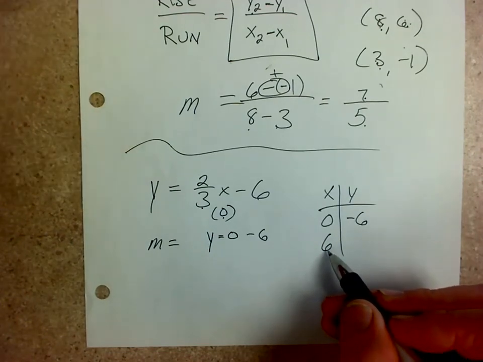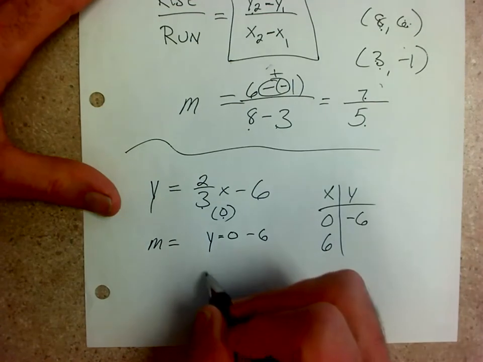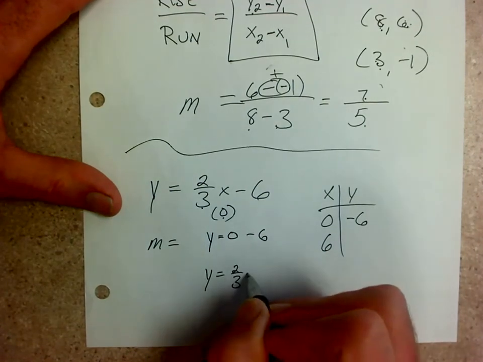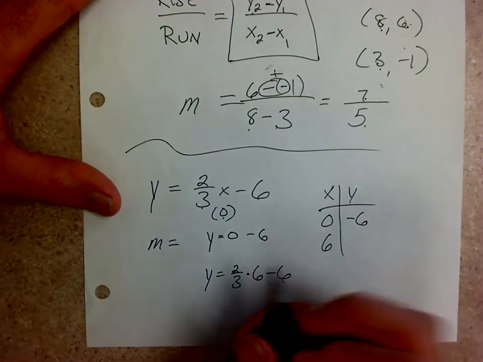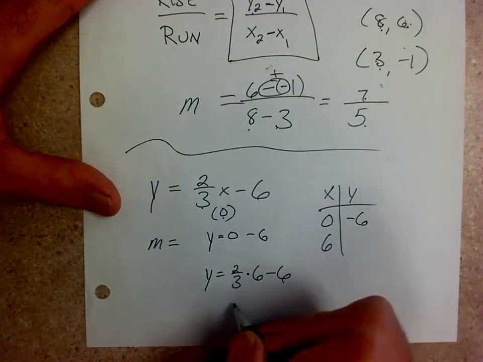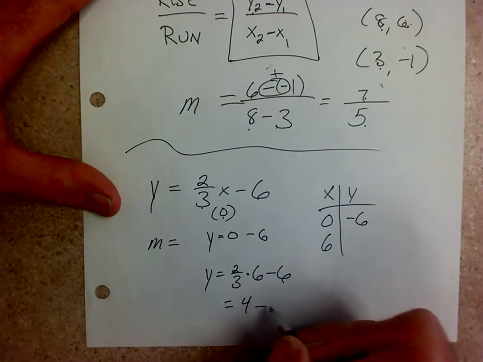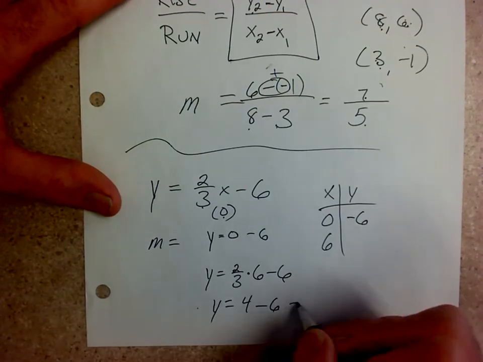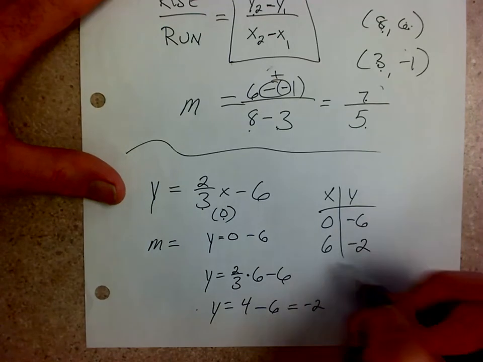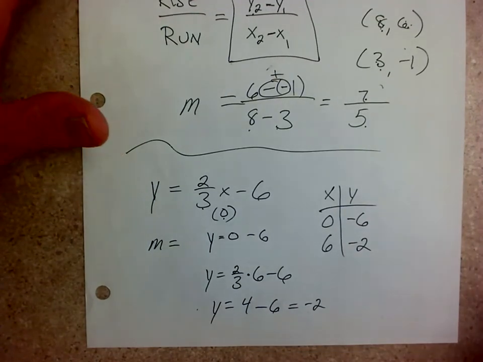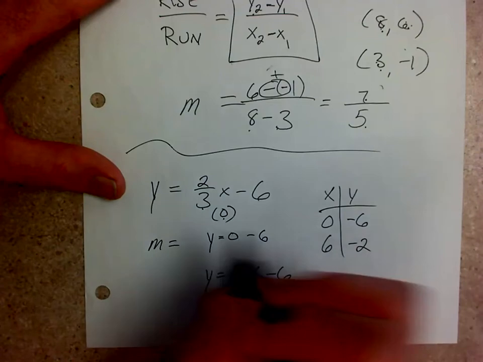We could use 3, 6, 9, whatever you're more comfortable with. So we can substitute in our 6. 2/3 of 6 is 4, minus 6, so y equals -2. Again, we can stop here. We are not being asked to graph, so it's not necessary for us to come up with a third point.